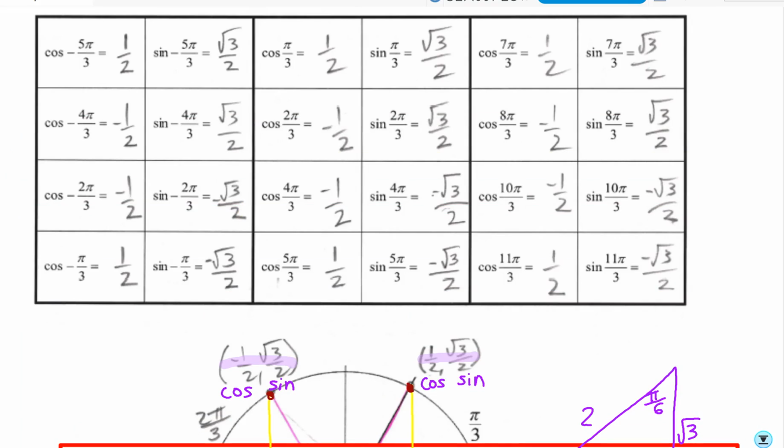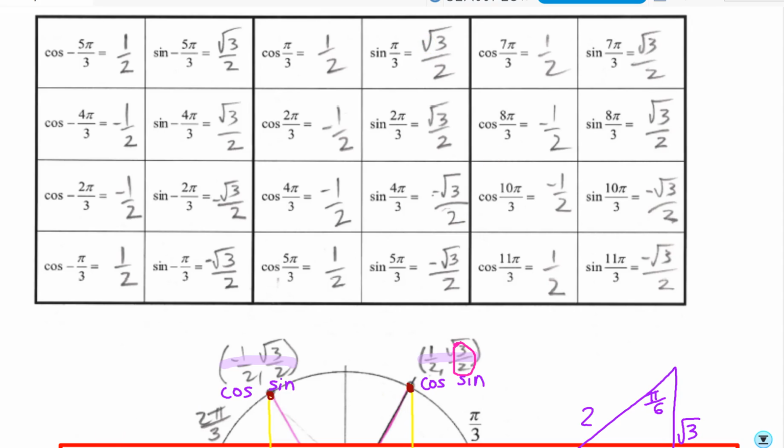Anytime it asks for sine, I'm going to look where pi over 3 is. That's in quadrant 1. Sine is y. I'm going to look and see what the y value is for sine in that first coordinate. And I'm going to write square root of 3 over 2.